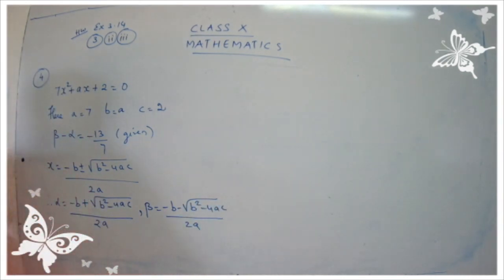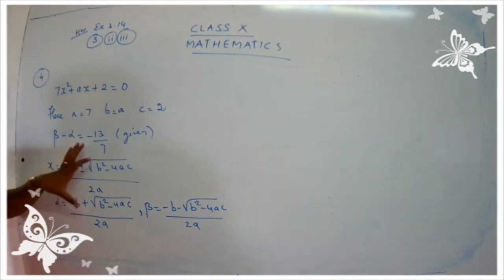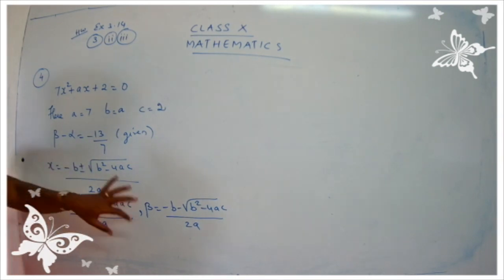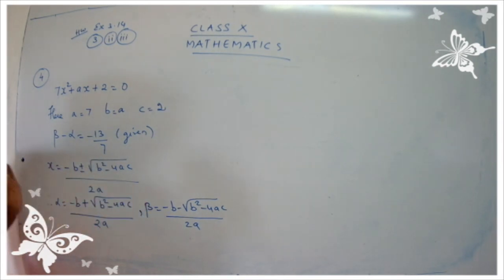So I have taken the value for beta as minus b minus square root of b square minus 4ac upon 2a. I hope you are clear. So we have taken the values for alpha and beta from the formula itself. The positive part I have taken for alpha and the negative part I am taking for beta.